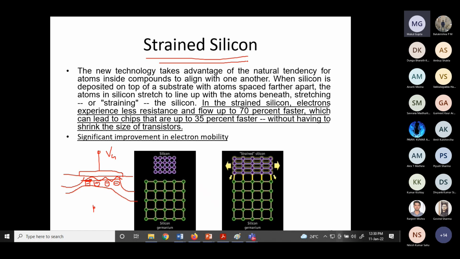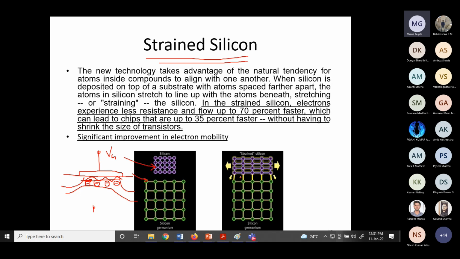So if you use germanium, and then on top of it you deposit or epitaxially grow your silicon, those silicon atoms will basically align themselves with the already deposited germanium. You see it in this picture.